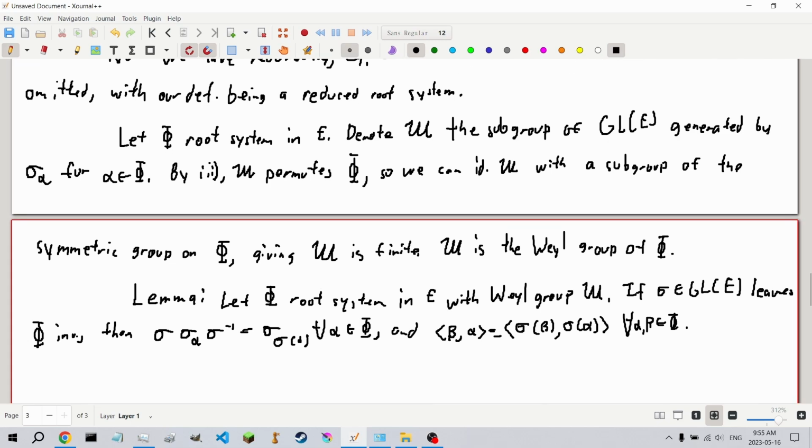And there's a proof with this, of course. See that sigma_alpha and sigma inverse of sigma beta is obviously going to be sigma_alpha of beta, which is going to be a root still.